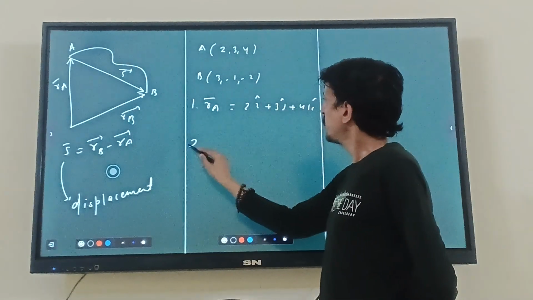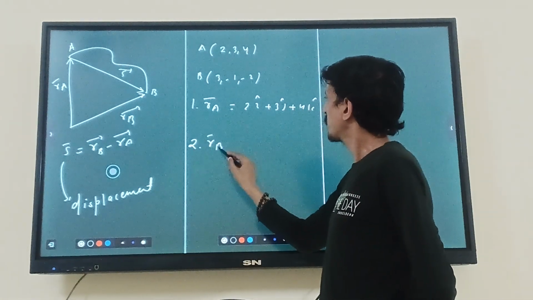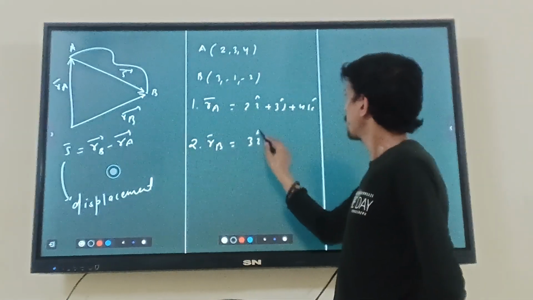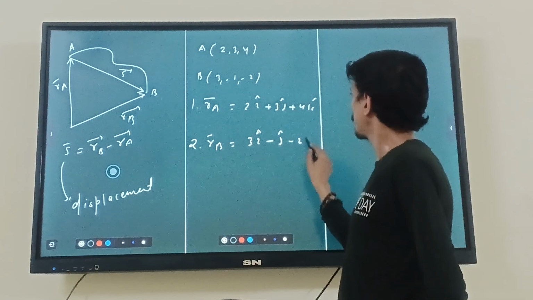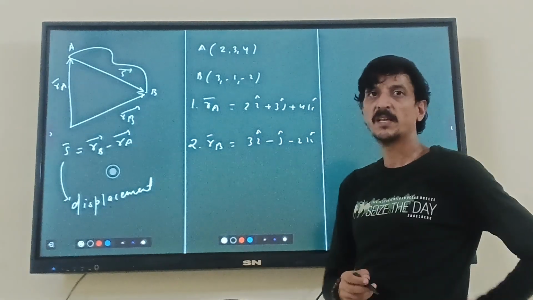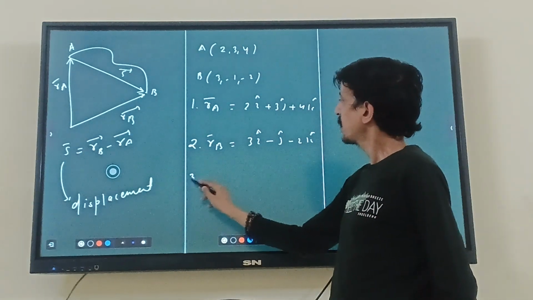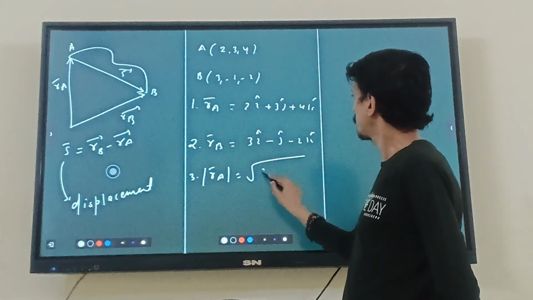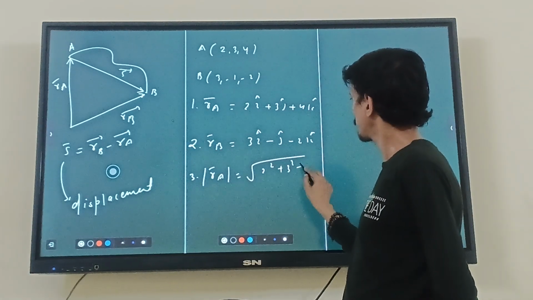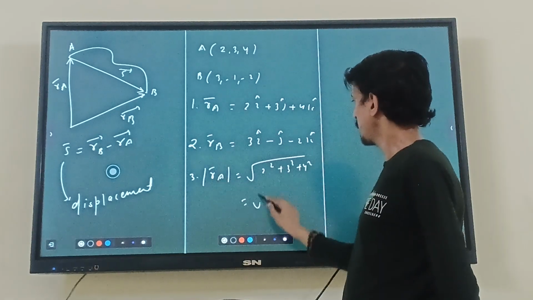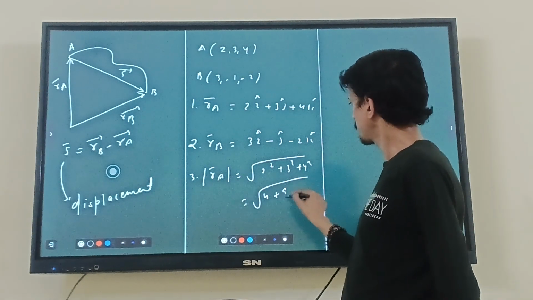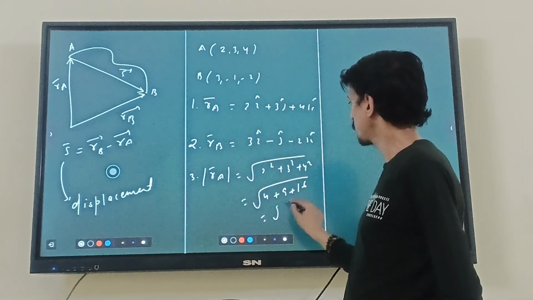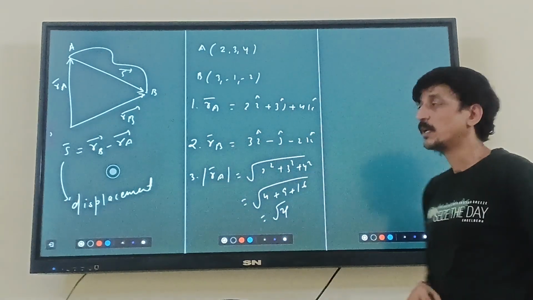Second thing is you need to find the position vector of B, so that is 3i minus j minus 2k, simply you can find that. Third thing we are being asked is the magnitude of the position vector of A, so that will be root under 2 square plus 3 square plus 4 square. So if we add these up, 2 square is 4, this is 9, this is 16, so on solving we will get root 29.